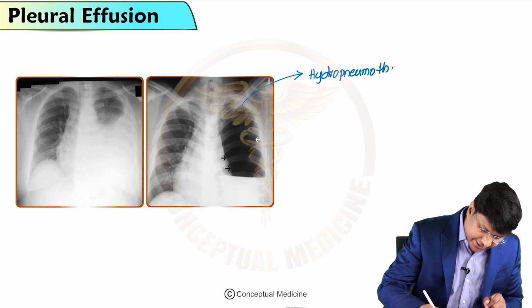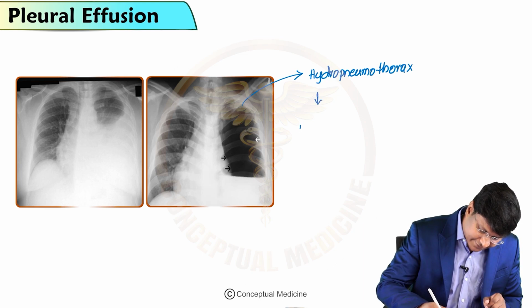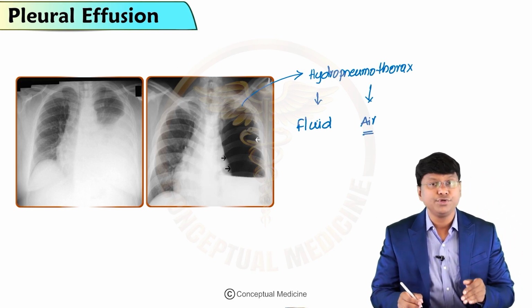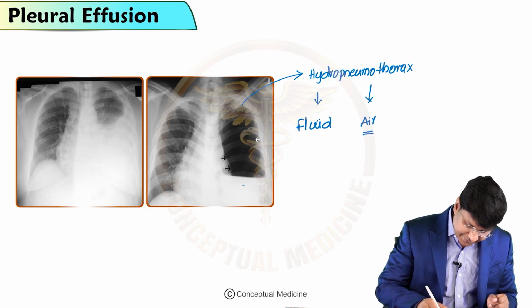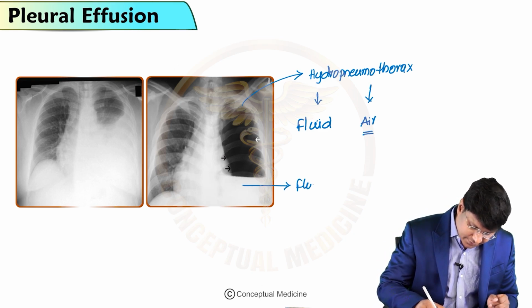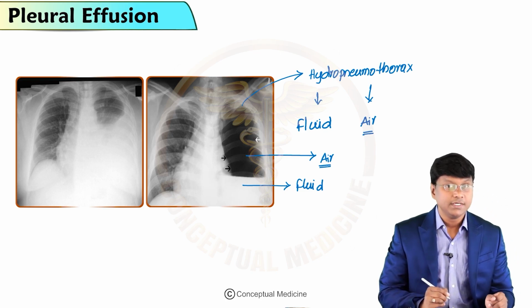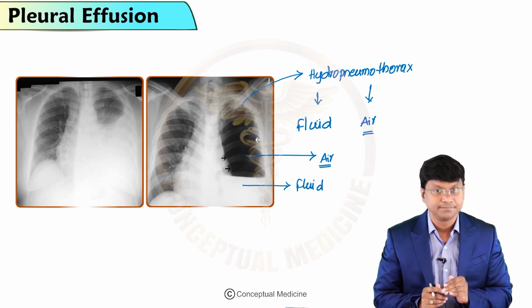As the word itself tells you, hydro means the fluid, and pneumo is air. So hydropneumothorax means the presence of fluid as well as air. Okay, that is what is called hydropneumothorax.